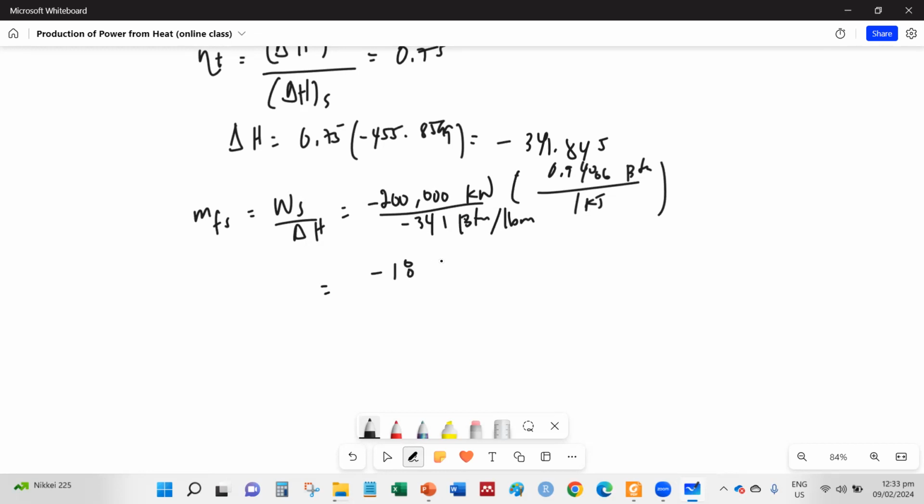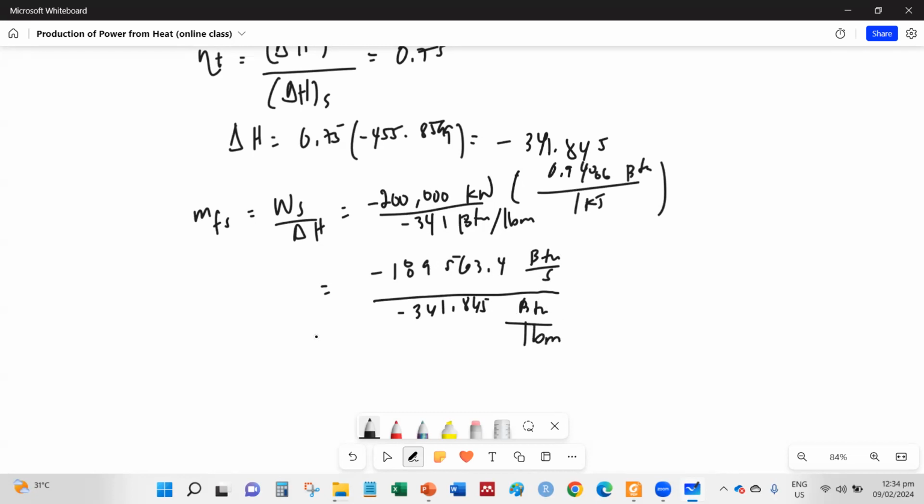So this is 189,563.4 BTU per second, divided by negative 341.845 BTU per pound mass.